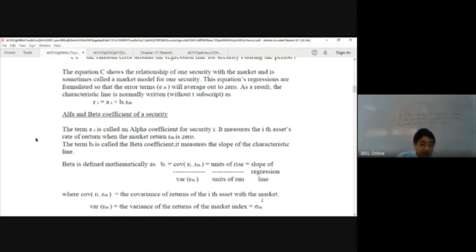We can do something with the correlation coefficient and standard deviations to give another form of this relationship. I will do it on the board.